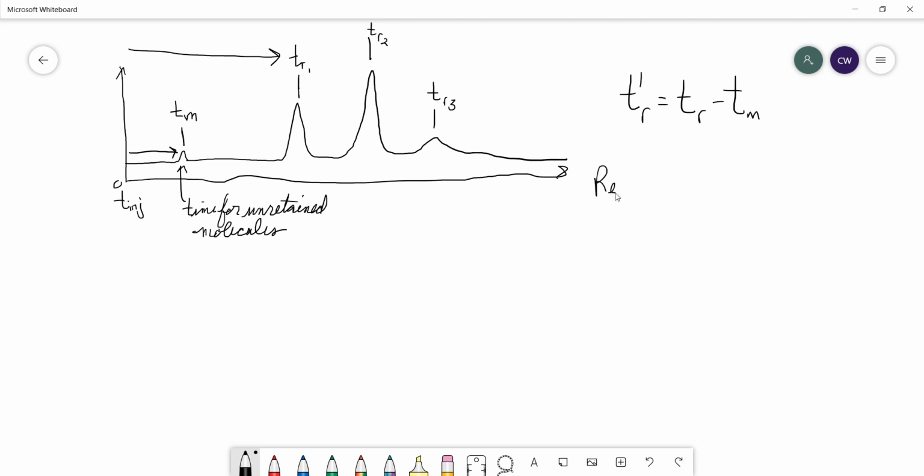If we look at relative retentions, relative retention values are symbolized as alpha, and we set that up always so that it is greater than 1. So alpha is greater than 1 always.